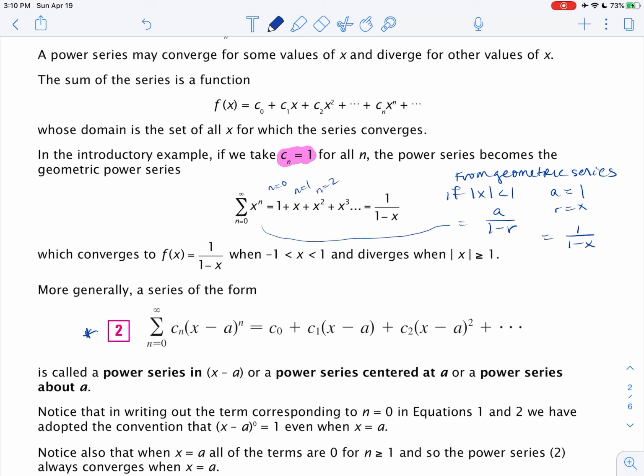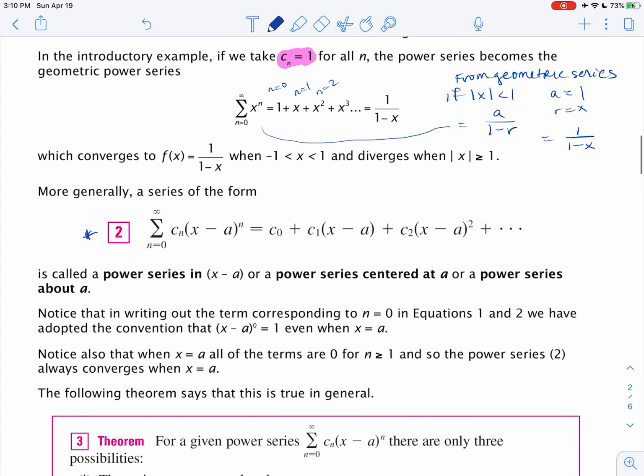We would still have that x minus a to the n is a power function.